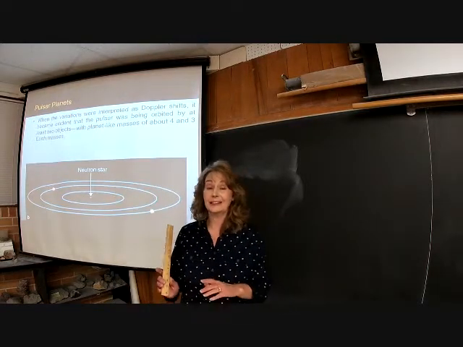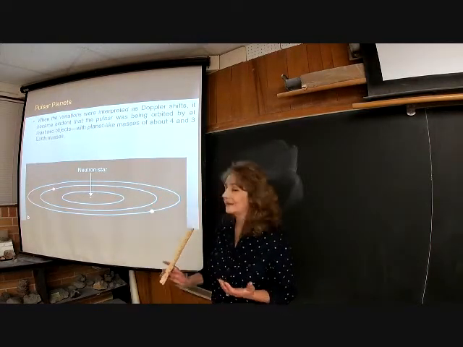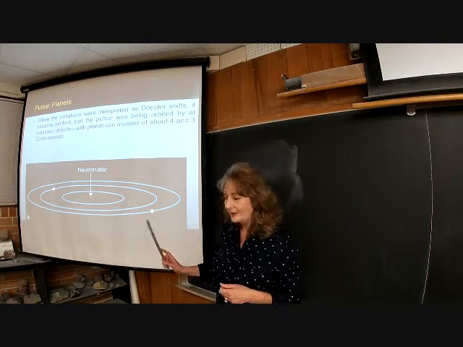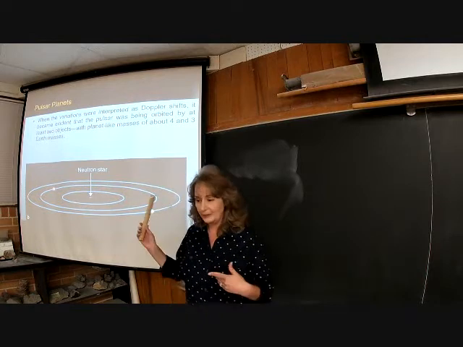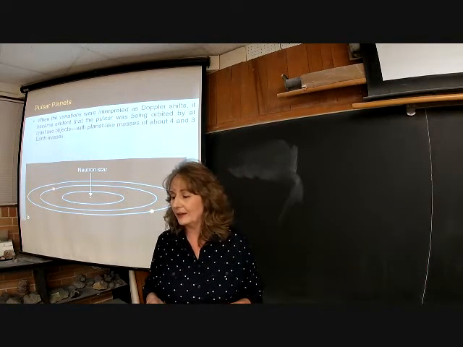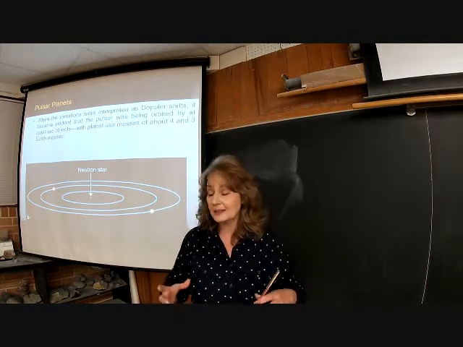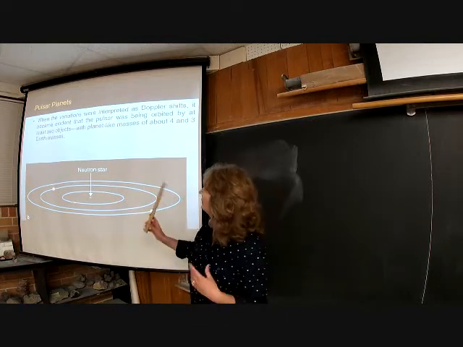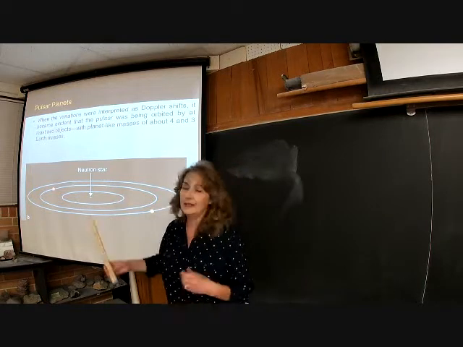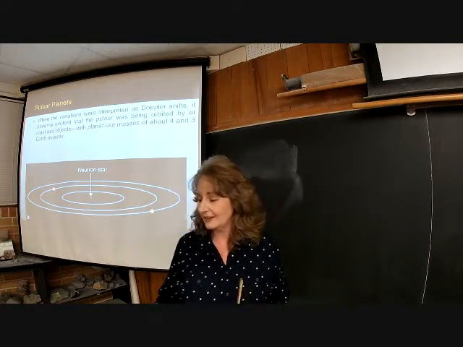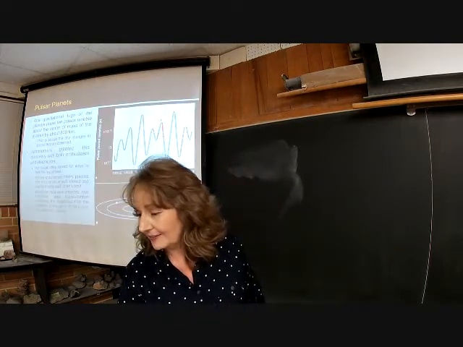And the interesting thing is they've actually found some evidence that you can have maybe some planets orbiting a neutron star. So that's what this one's talking about, that there might be some planet-like masses, 4 to 3 Earth masses, that were actually orbiting the neutron stars. So that's an interesting thing that they found.